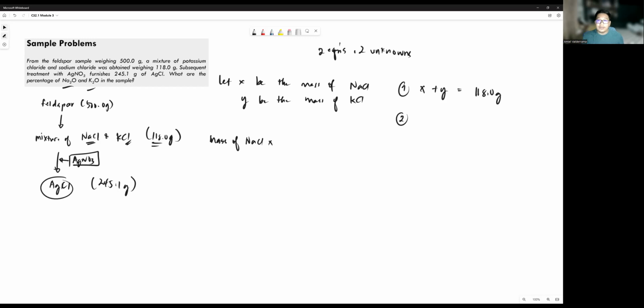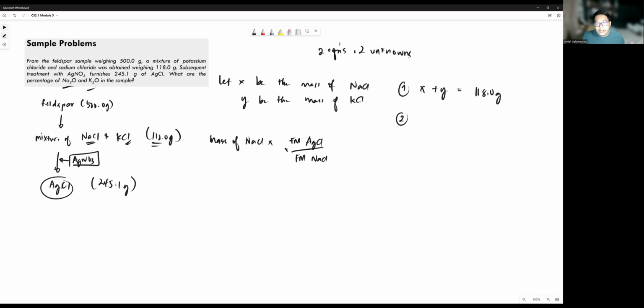So what is your GF here? Your GF here is the formula mass of your substance sought, which is your AgCl, over the formula mass of your substance weighed. Your weighed substance is your NaCl, since you have a mass of NaCl.